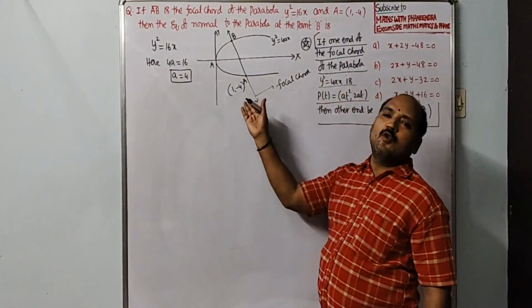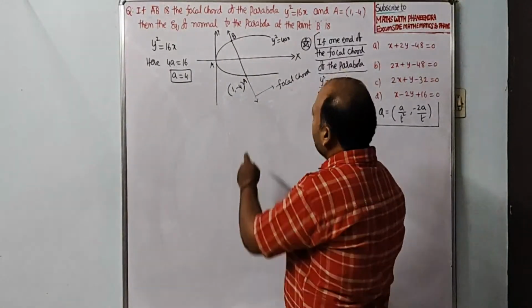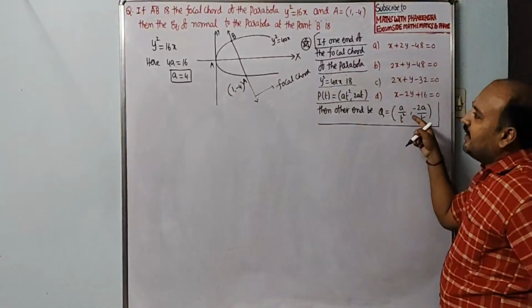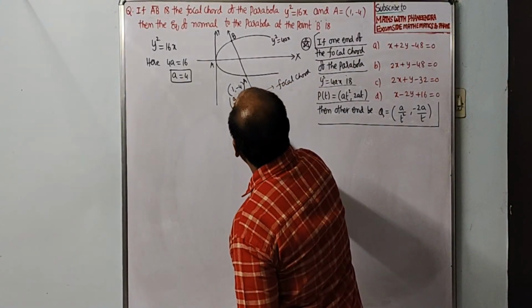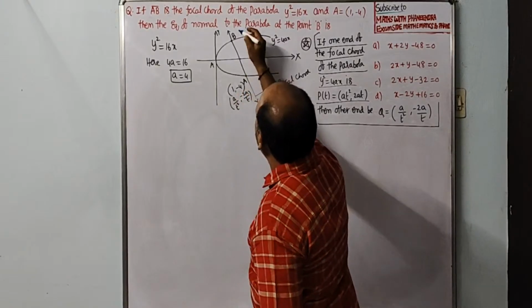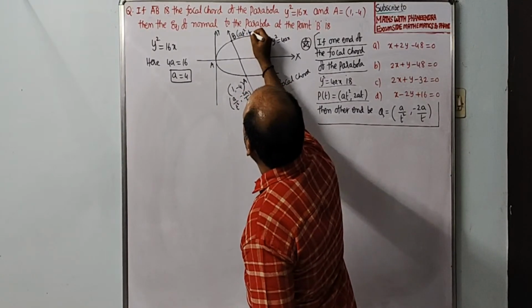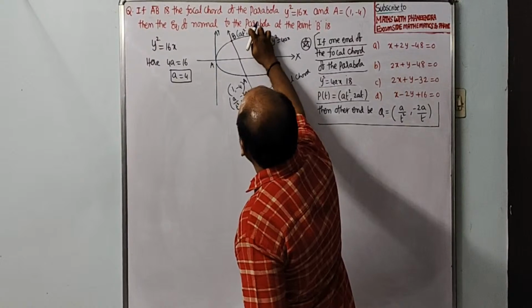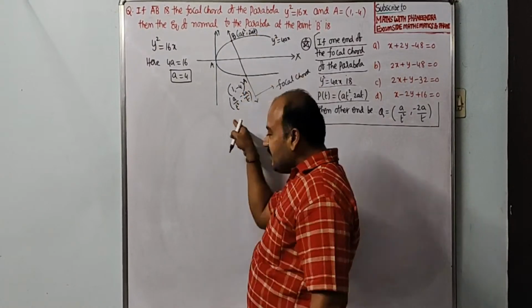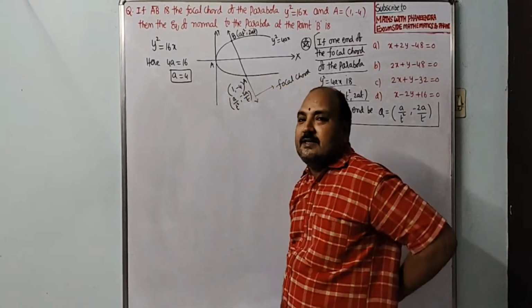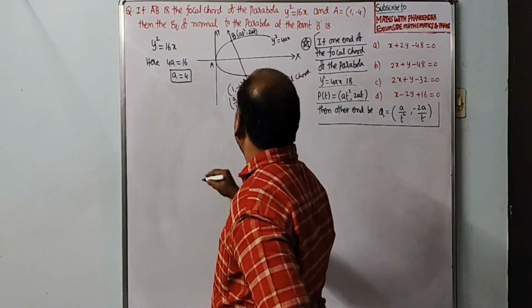So obviously this is in the fourth quadrant. So by observing the data, one end is a by t square comma minus 2a by t, so obviously the other end is at square comma 2at.